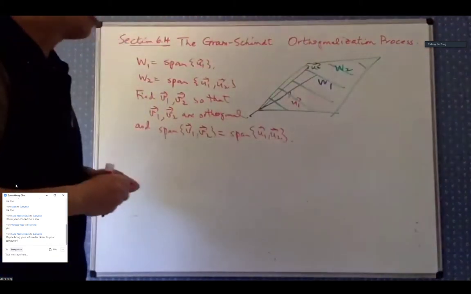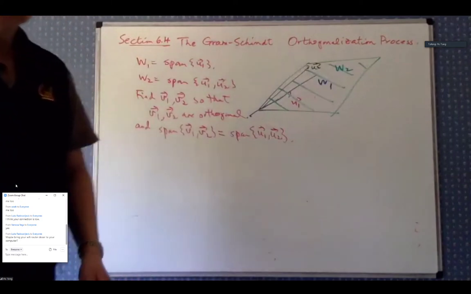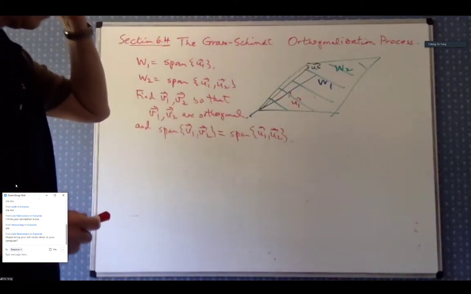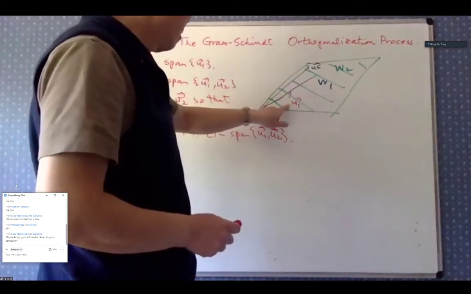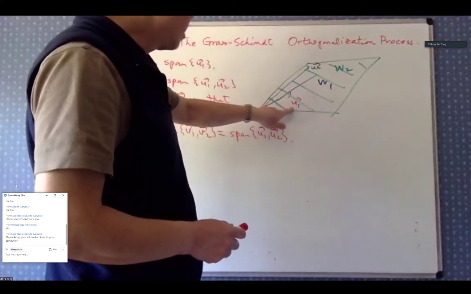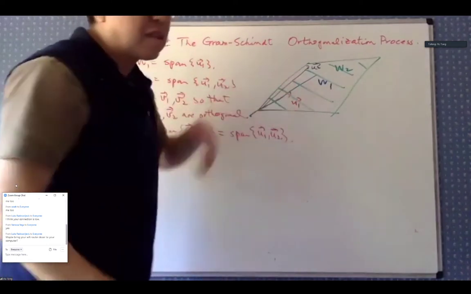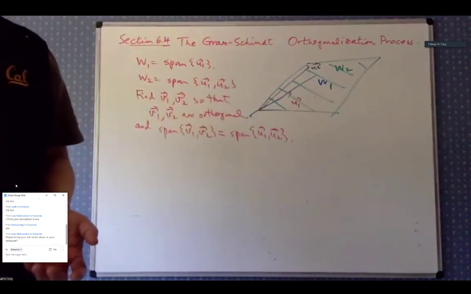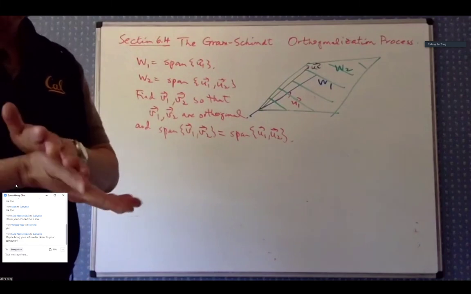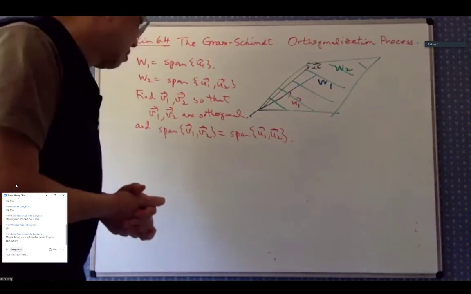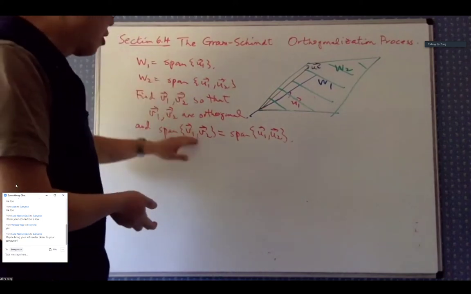So W2 is a plane, W1 is a line. And you have two vectors here. W1 is spanned by U1. W2 is spanned by U1 and U2. But U1 and U2 are not orthogonal. I want to get two vectors in W2 which are orthogonal.